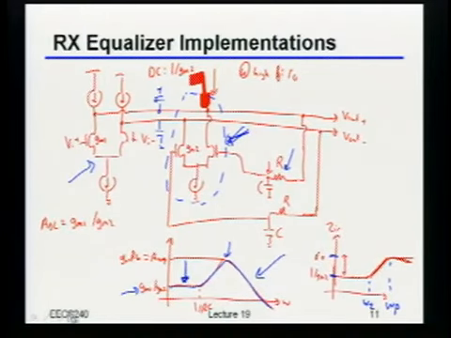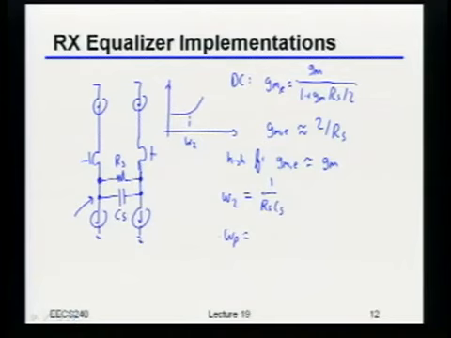So in other words, if I wanted to know the pole for this, I could just say, okay, I know at high frequency my effective GM is just GM, and at low frequency, my effective GM is just 2 over RS, right? Well, that's the ratio of gains I have.